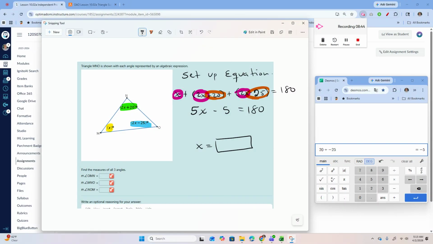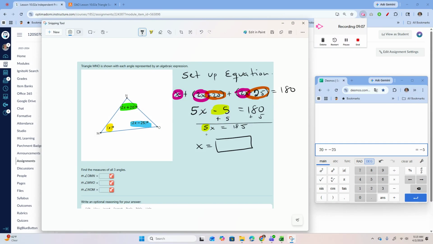Now I'm going to solve a two-step equation. What's the opposite of subtracting 5? The opposite of subtracting 5 is to add 5. Whatever you do on one side, you do it in the other. So we're going to get 5x equal 185. The next step I want to do is get rid of the 5 that is multiplying.